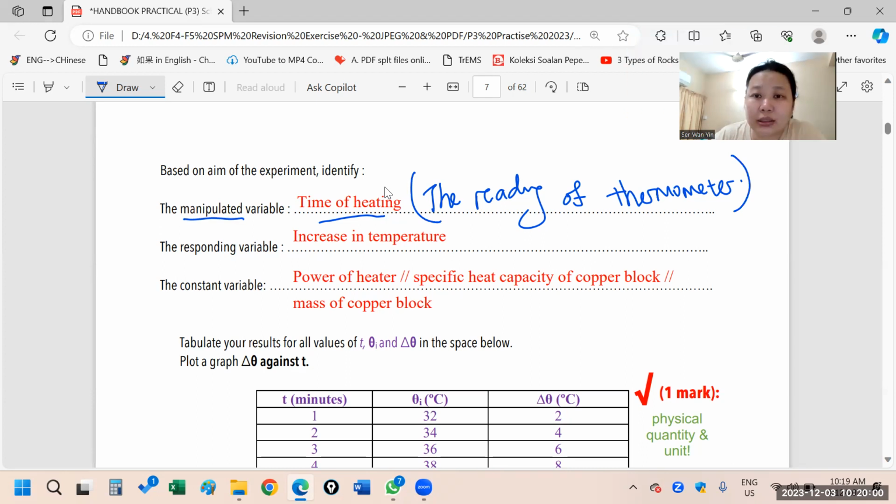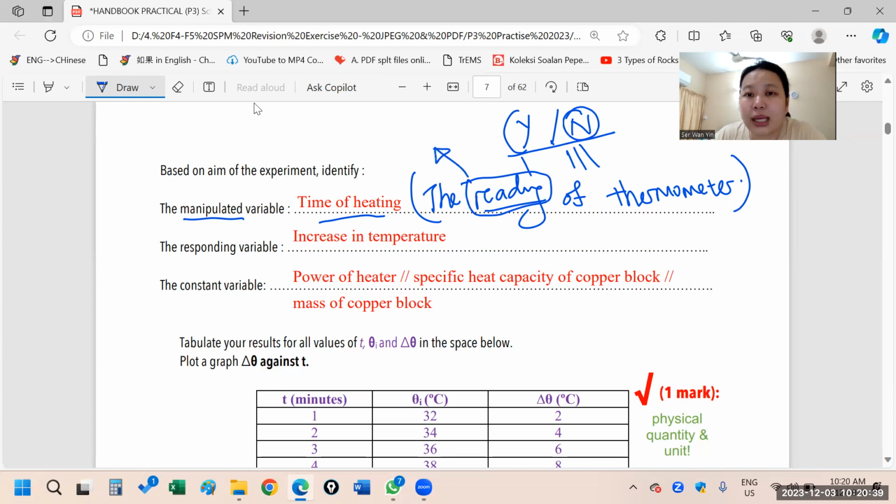Can you please answer yes or no? How many of you think this is suitable? How many think this is not suitable? Darren, thank you. Darren, Chao Hui, Rene, yeah, not suitable. The answer is no, not suitable. Why? Because reading is not a physical quantity.